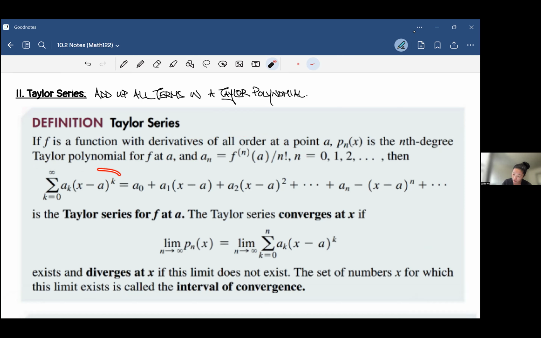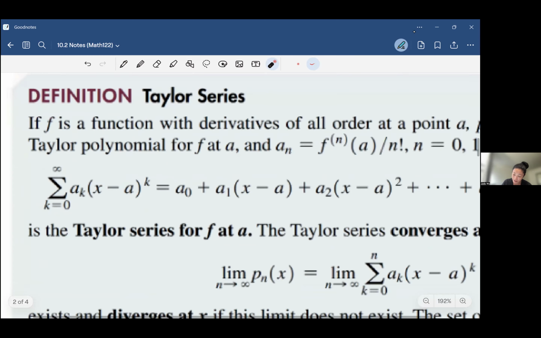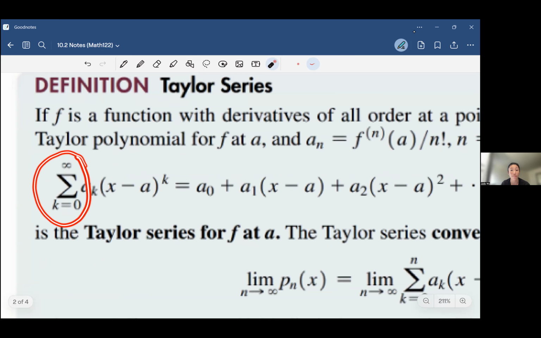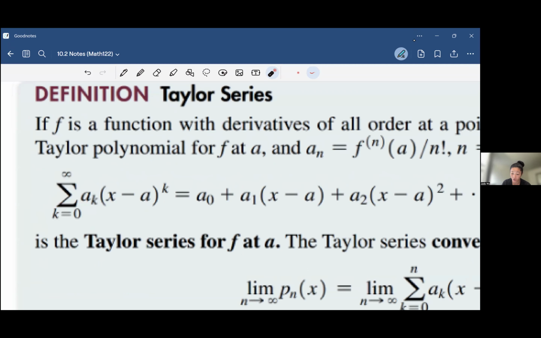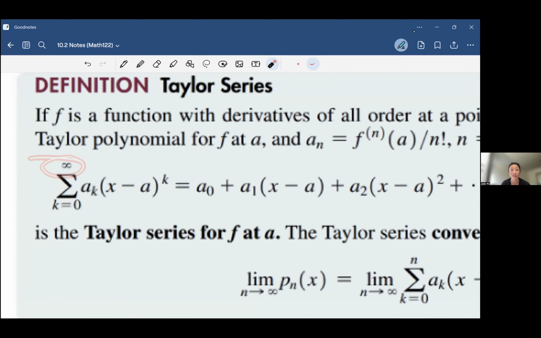We take all of these terms, and remember this sigma means that we're going to add them all up together. And we're going to add them all up together from k equals 0 all the way to k is infinity, right? And that infinity part is the part that tells us we're literally adding up every single term in the whole polynomial, okay?